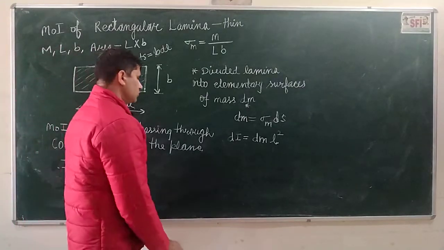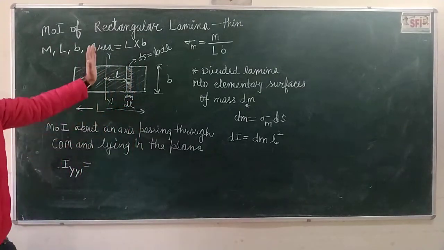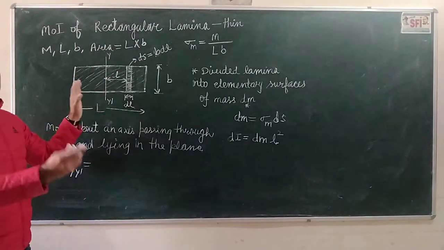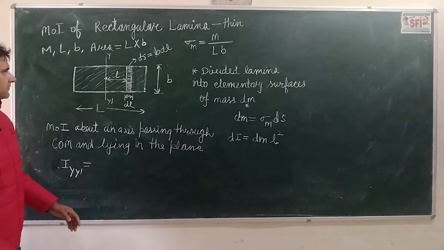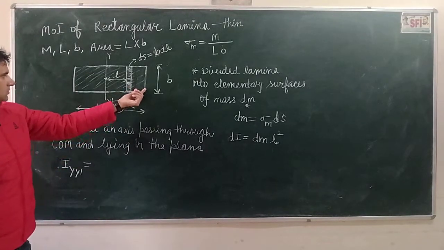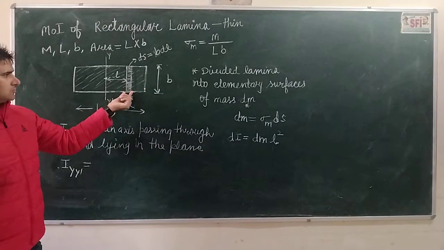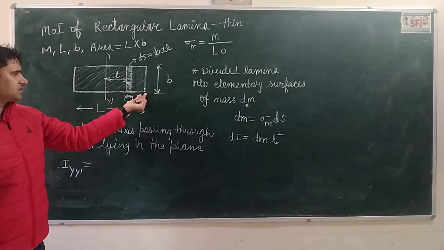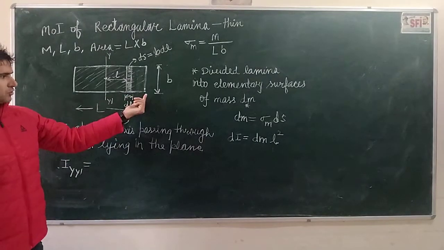Now to find the total moment of inertia about the y axis, which is lying in the plane of the rectangular lamina, you have to cover the whole surface using this elementary surface. So you will start from this end to this end.